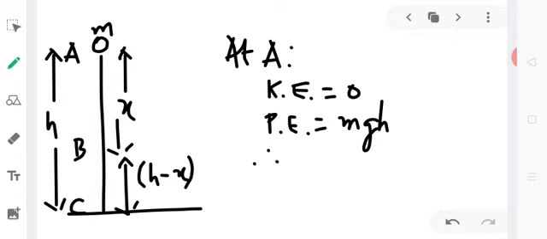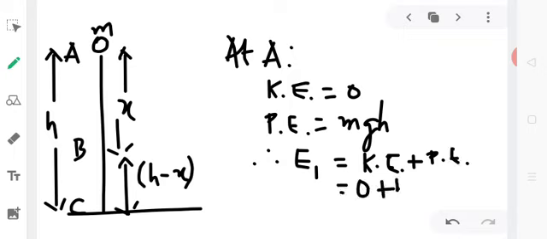Therefore, total energy, if I represent it by E1, then it should be equal to kinetic energy plus potential energy. So that will be equal to 0 plus mgh, and that is equal to mgh. Let us mark it as equation 1.